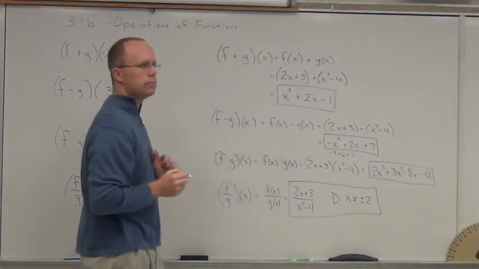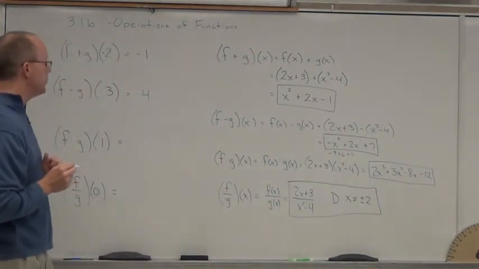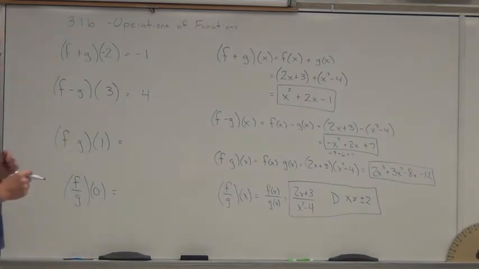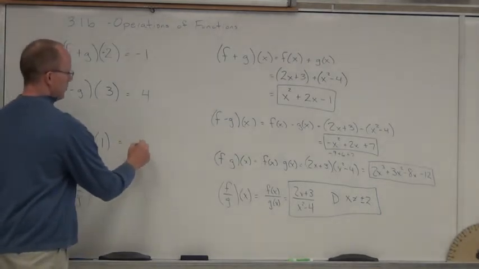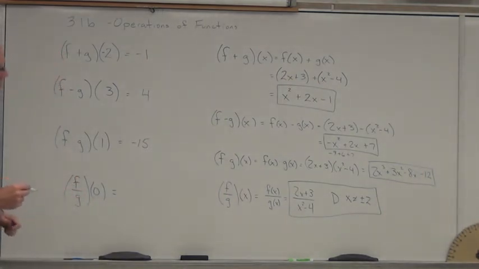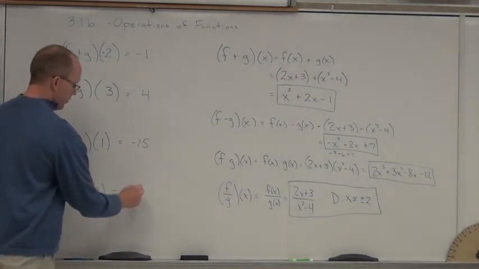Multiplication, negative 15. And division, negative 3/4.